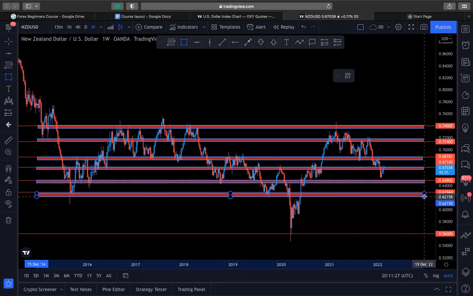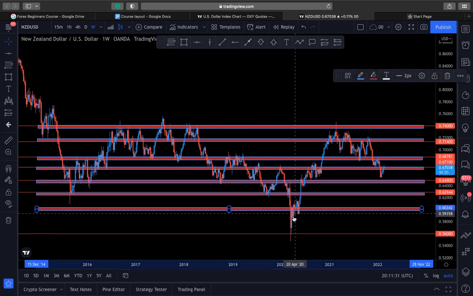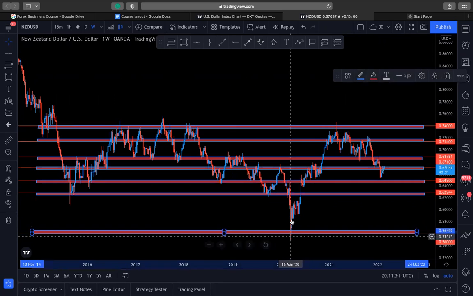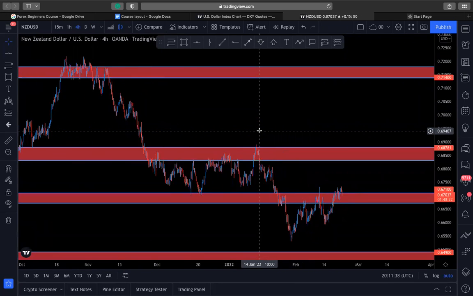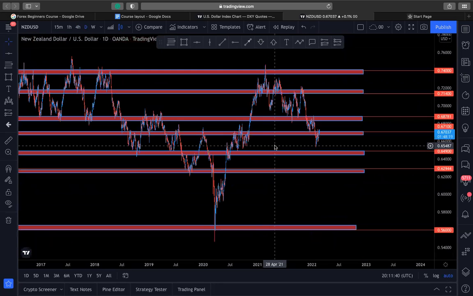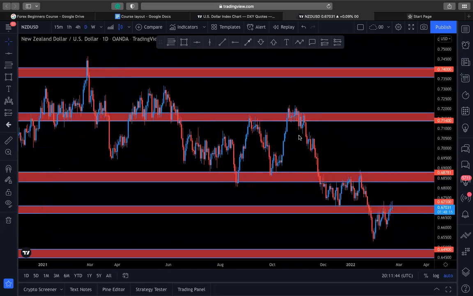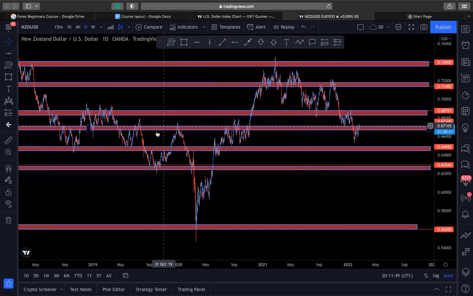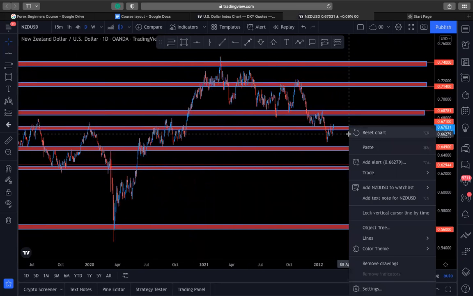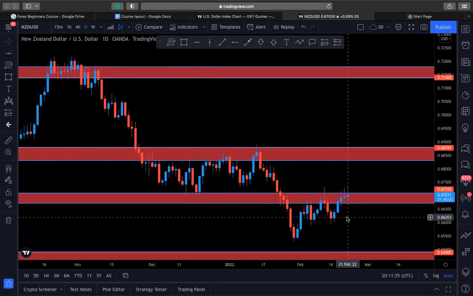Literally what I like to do for the most part, and then I'll just copy this on here because it won't be in that area for a while, is break it down to your lower time frames. That was the weekly, marking up my major levels on my weekly, and you see price literally respecting so many of these levels to a T. Once we have that, it makes it easy to identify.